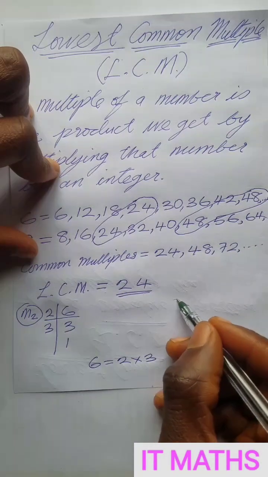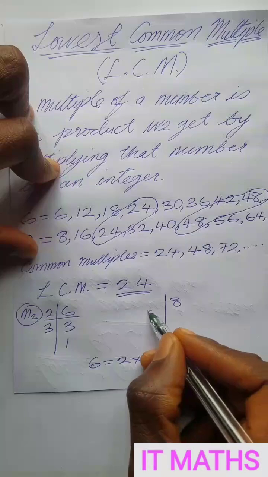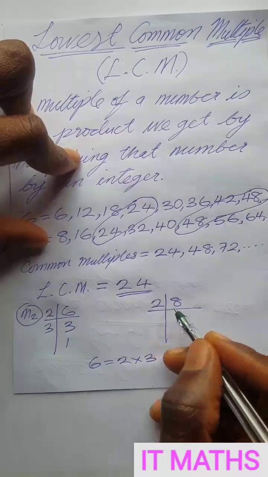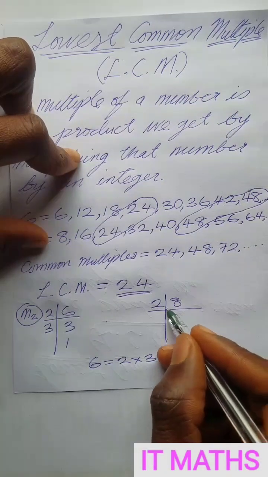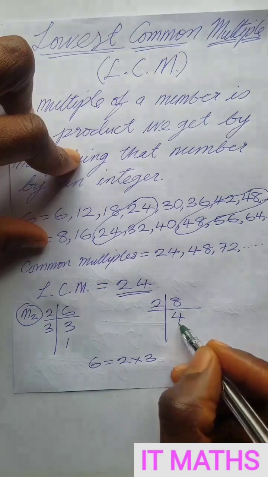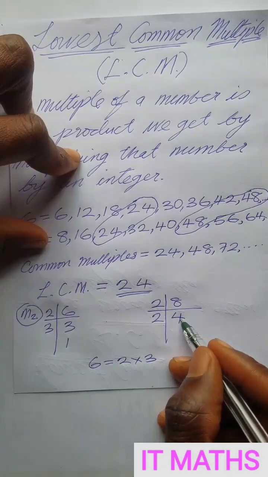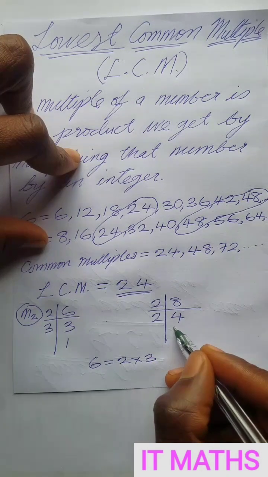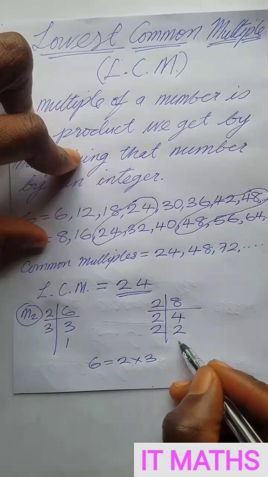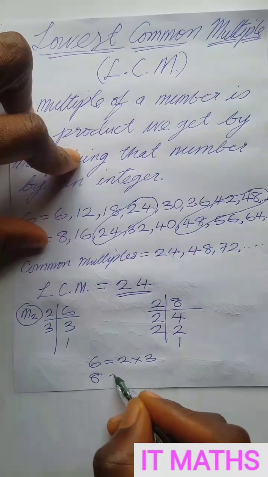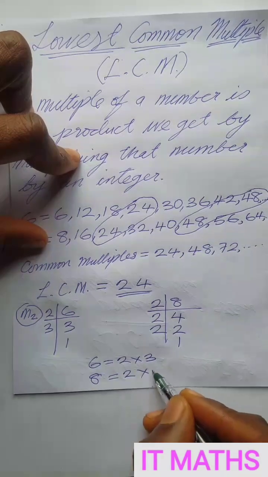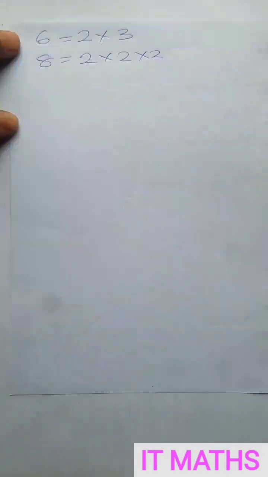What about our 8? Start again with the lowest prime number. 2 into 8, 4. 2 into 4, 2. 2 into 2 is 1. So 8 is 2 times 2 times 2.